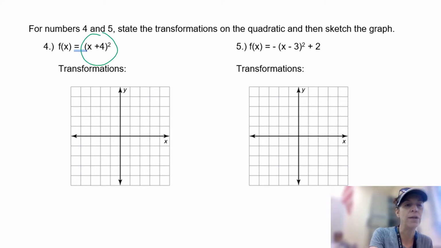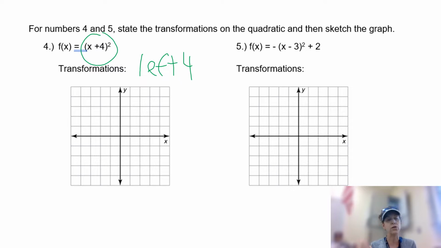In this first one, we know that this is going to go left 4. Most common incorrect answer is right 4. And that, again, comes with practice. That left and right is backwards from what you think. I, at one point, posted a video that just went over the left and the right, and you can find that video linked on Teams.